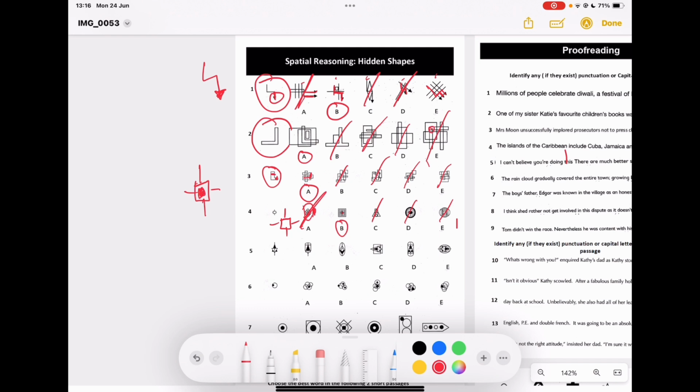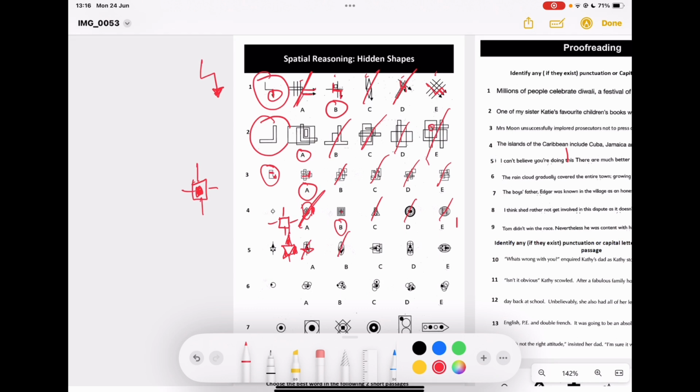Okay, next we have question 5. So here you can see that there is the white triangle and then the black triangle, and then you have 2 lines at the top and bottom. So for question 5, A is very similar, however the white triangle does not overlap enough.